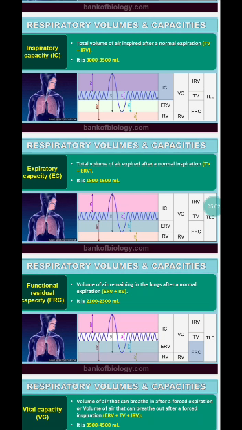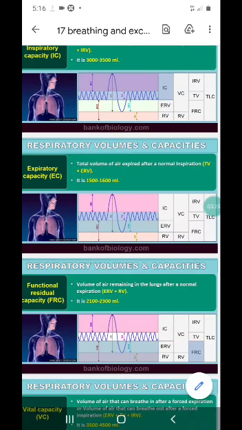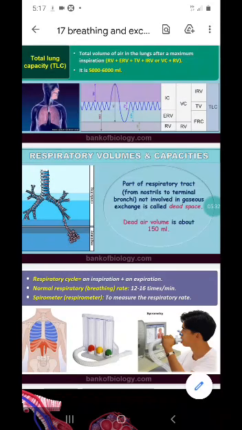Expiratory capacity and inspiratory capacity were after normal inspiration and normal expiration. This one is after forcefully expiring, how much air you can take in. In the same way, after forcefully inspiring, how much air you can expire out is called the vital capacity of your lungs. Okay. Now, what is total lung capacity?